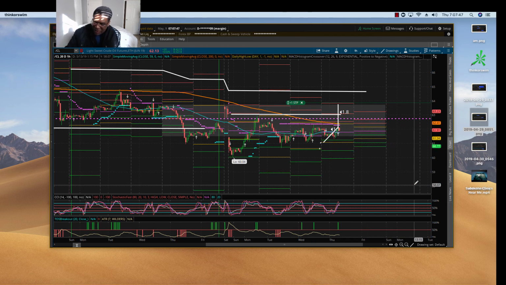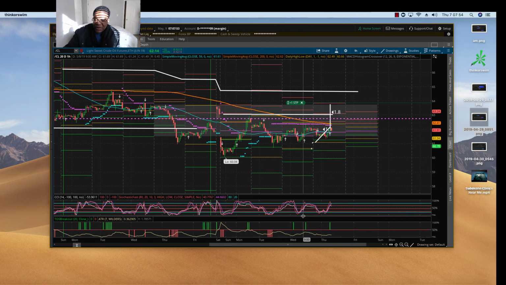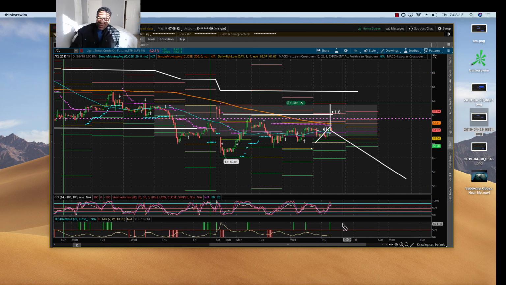Then it makes another extension move, then it moves sideways, then it makes another extension move. So right now we're in a sideways market, and they're probably building positions, building and adding, then making a big move. At some point we're going to get a big move. That's my thinking. So we're just positioning right now.